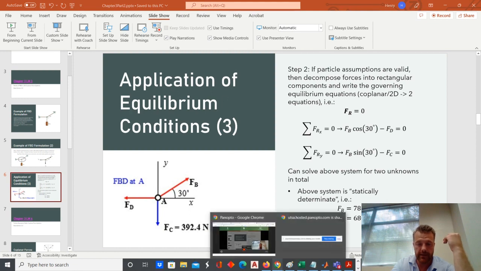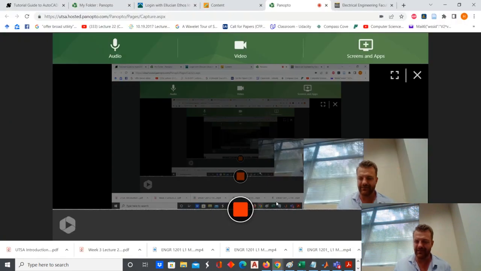If we were to have more than that, it doesn't necessarily mean that the body is not stable. You can think, what if someone put a redundant cable that you didn't need going up? Clearly, that could still support the weight. It would still be stable. However, in that case, we would have a statically indeterminate situation because there would be more unknowns than we can solve for given the number of linearly independent equations we can write, which in 2 dimensions for a particle is 2.